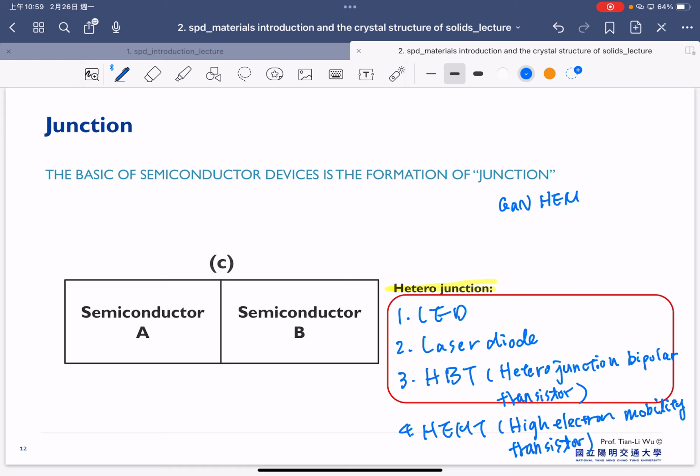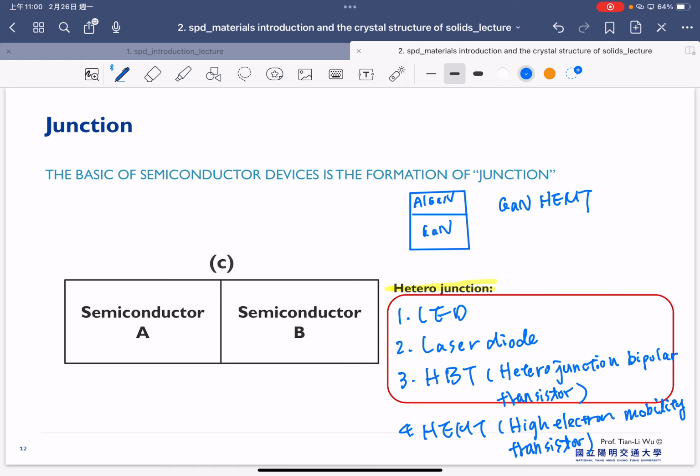The basic structure for the gallium nitride HEMT is two types of semiconductors connected on top of each other. For example, aluminum gallium nitride on top of gallium nitride, and these are two different semiconductor materials.